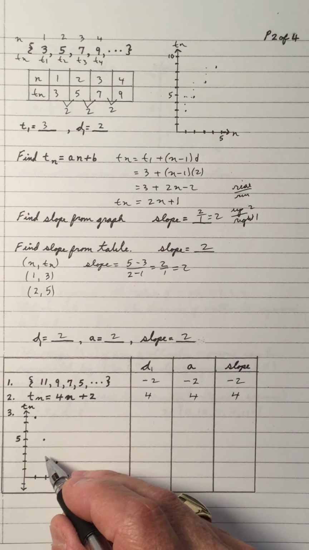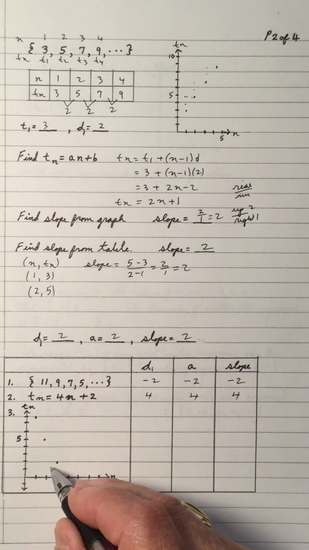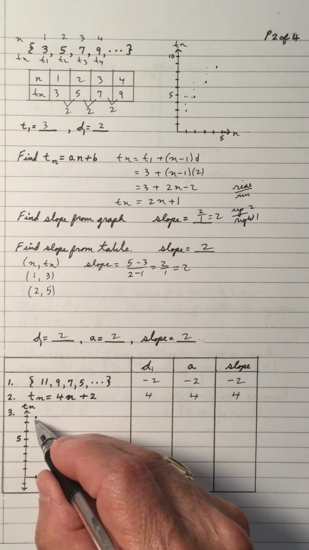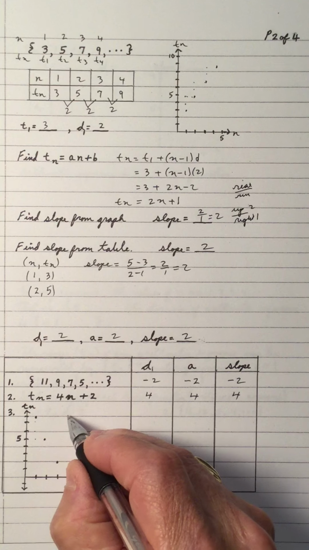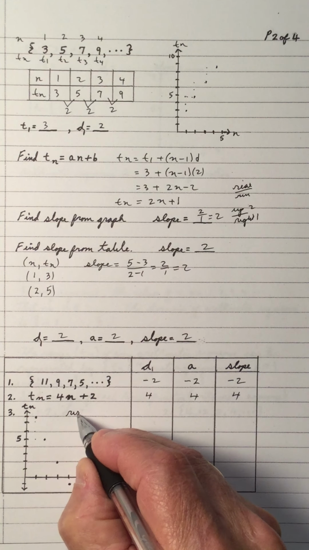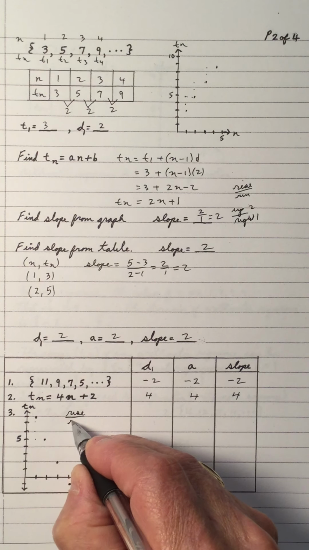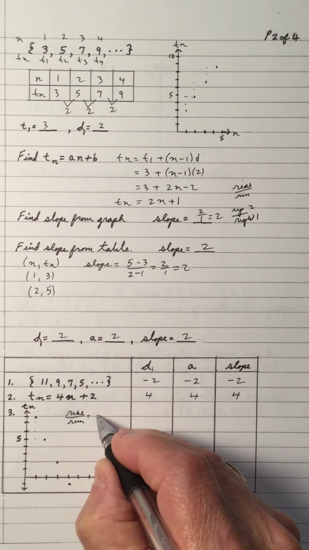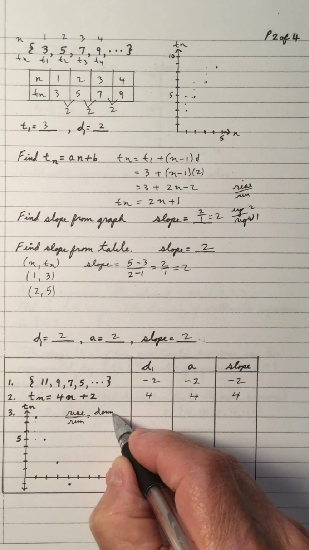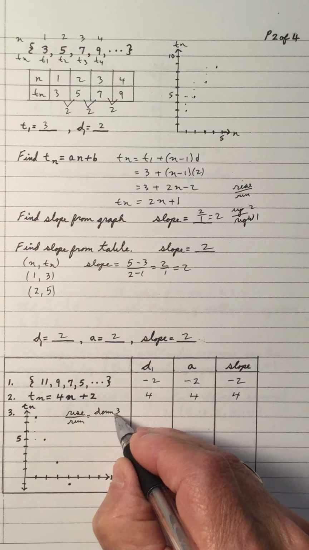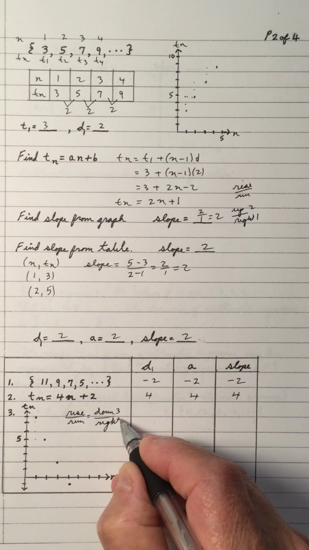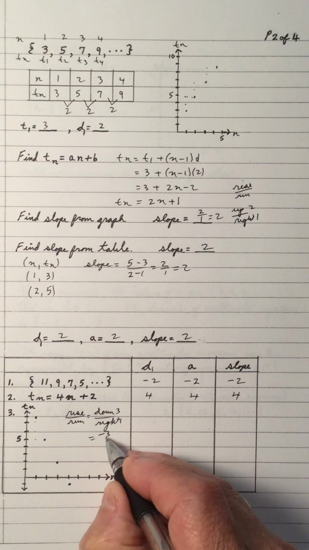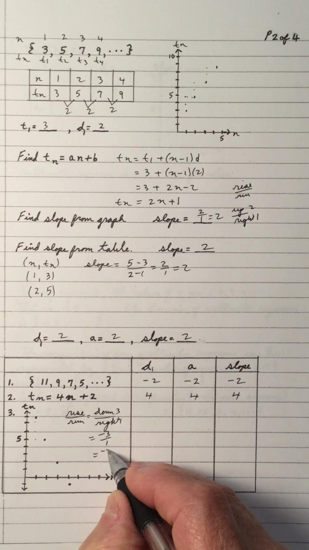And now we have a graph. Notice the graph is going down. So we go 1, 2, 3. The rise over the run is down 3 and right 1. So that's negative 3 over 1, or negative 3.